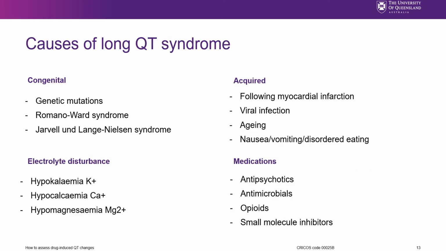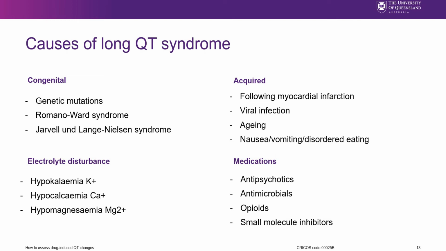So what causes a prolonged QT interval? Congenital long QT syndrome is the most common cause, meaning there is an inherited genetic mutation that causes abnormal ion channel activity, and this may mean you are either born with the disorder or are at risk of developing it later in life when exposed to risk factors. Long QT syndrome can also be acquired from things such as cardiac injury.